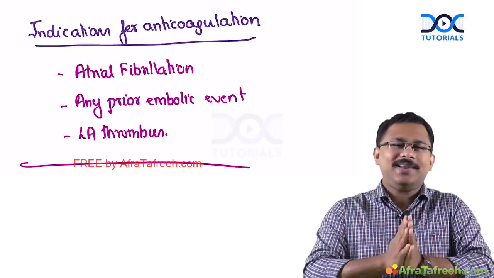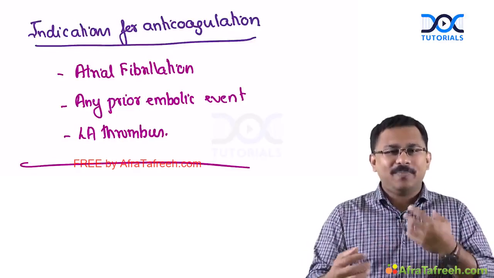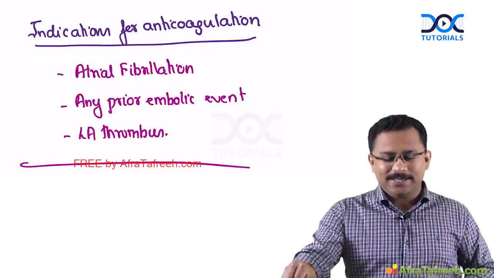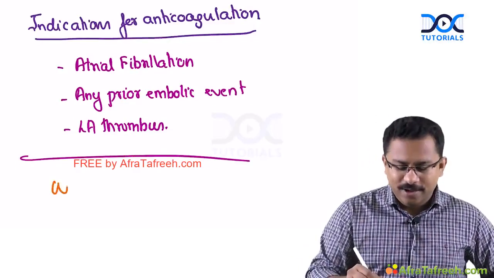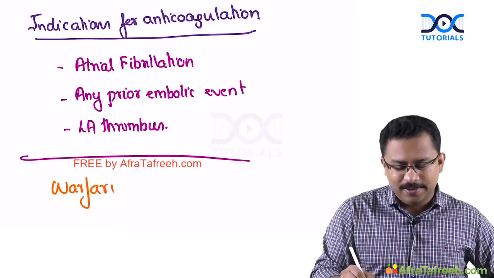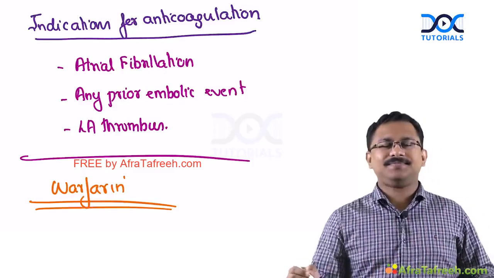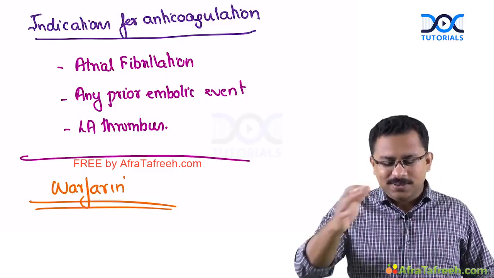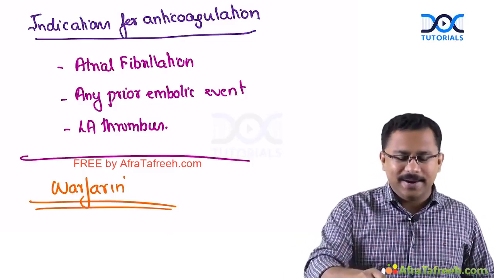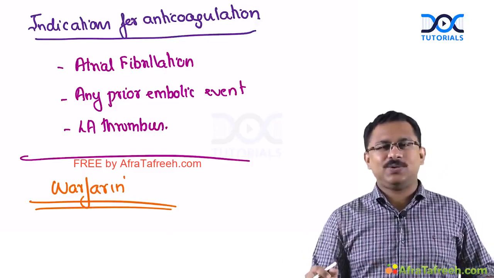The non-vitamin K oral anticoagulants have not been studied in rheumatic MS, and you will have to go for warfarin, okay. Alright, so that makes clear the medical management of mitral stenosis.